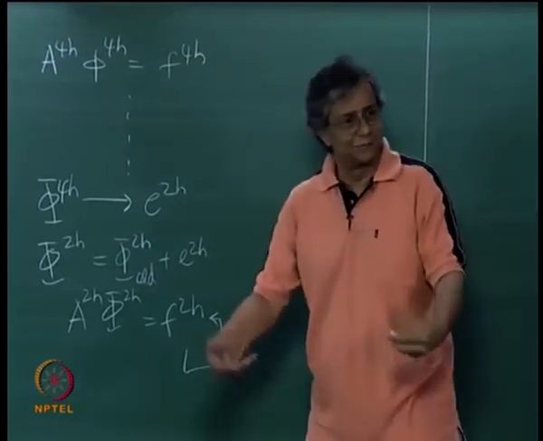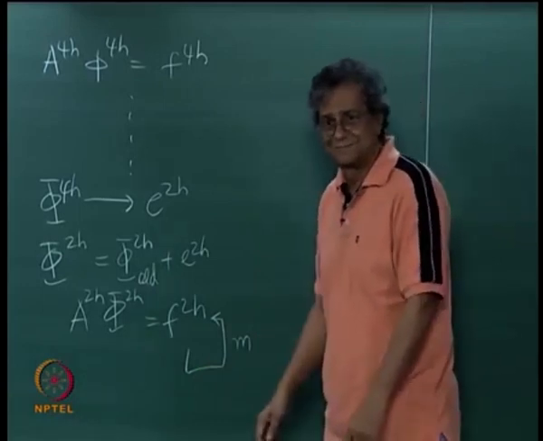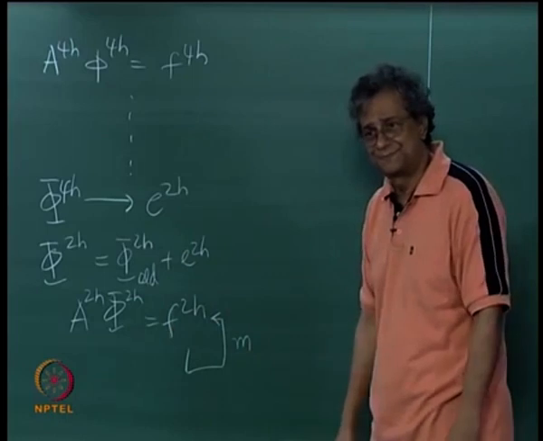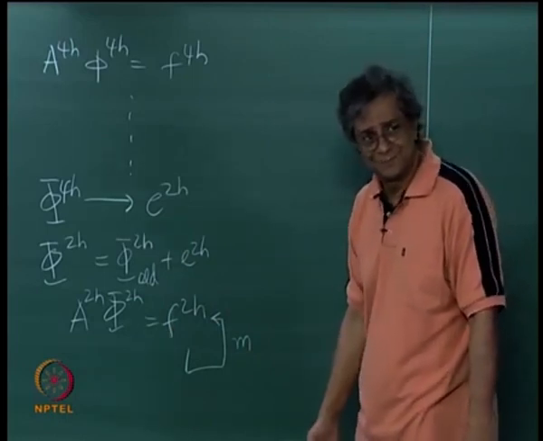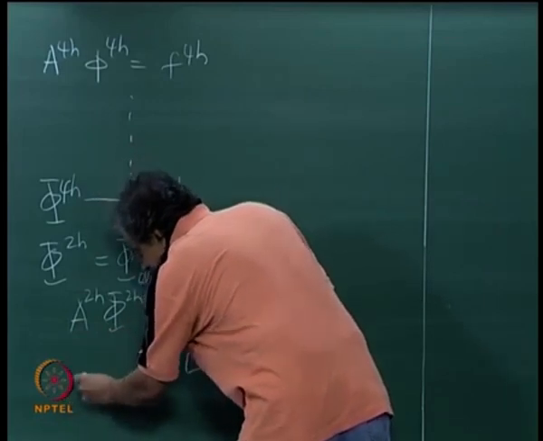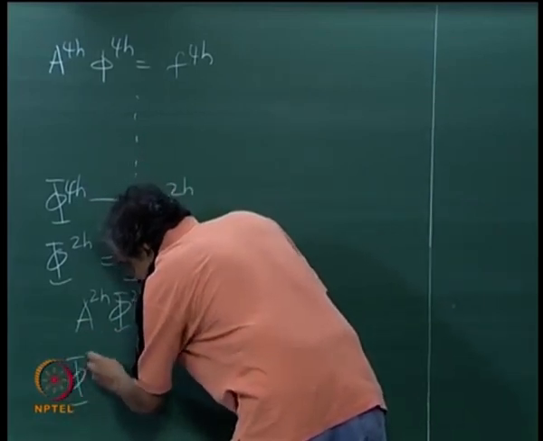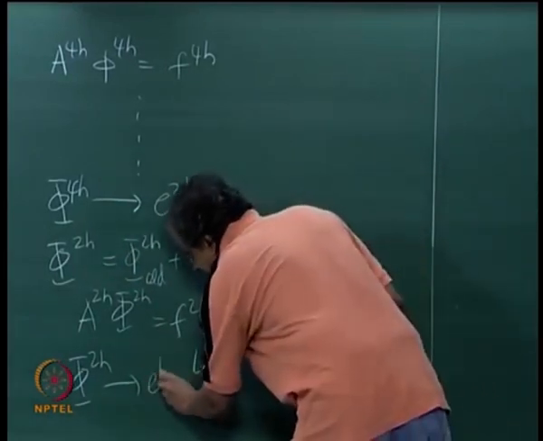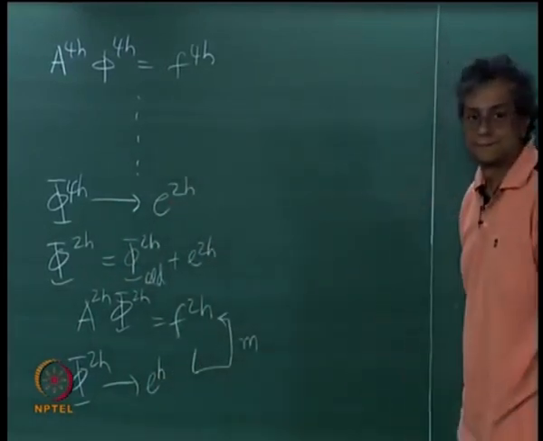So you iterate at that level and then you get a phi at that level. The f does not change if you want. Then you can transfer.